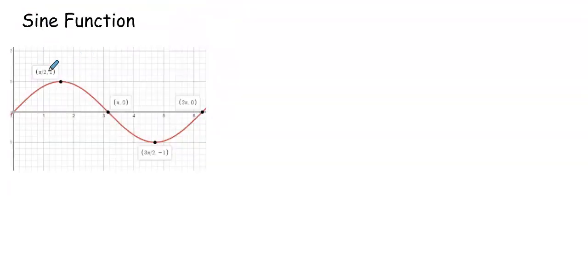I basically want to show you, if they both look the same, then how can we call it a sine function or a cosine function? It's all in what we call the cycle.